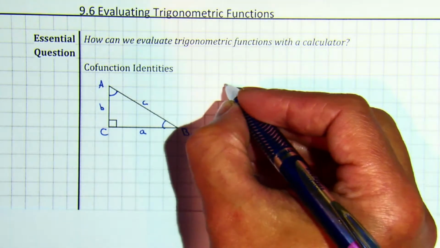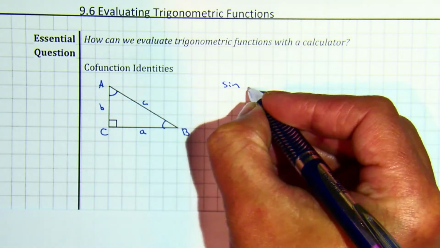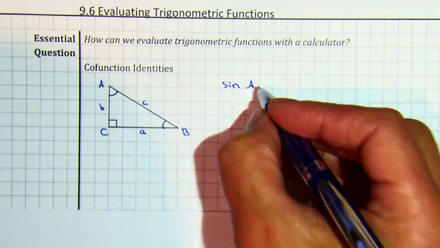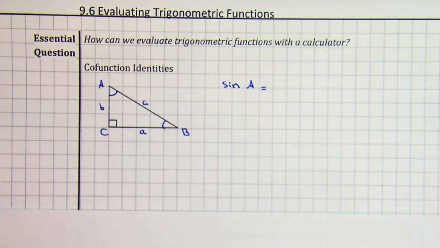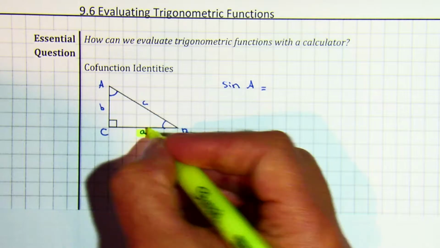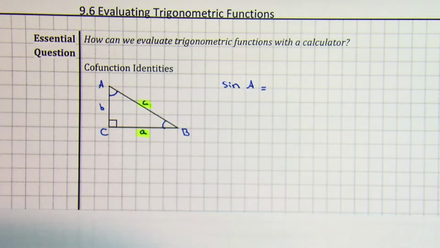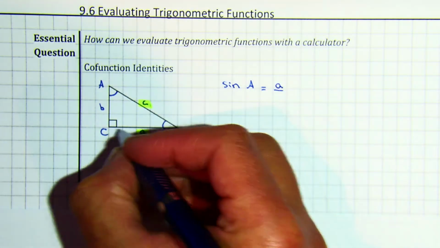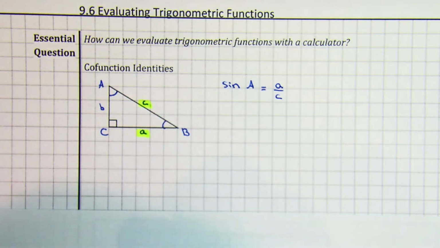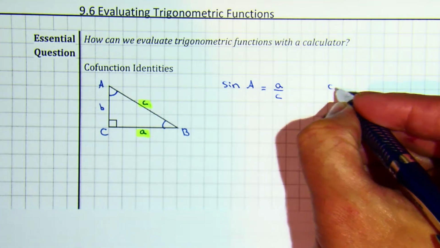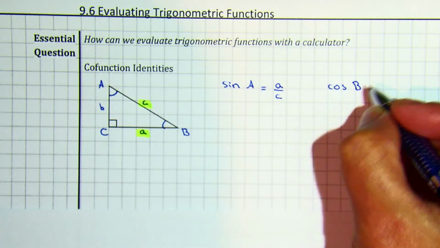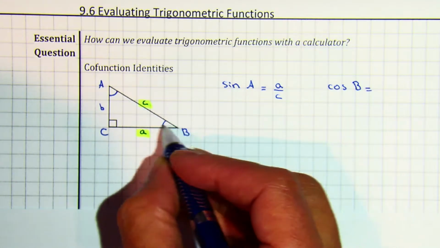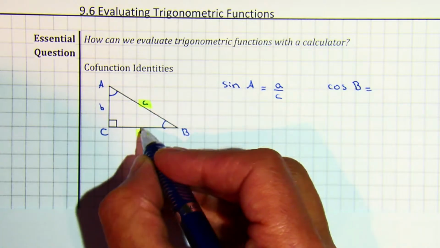And now I'm going to find the sine of angle A. Your sine is your opposite over your hypotenuse, just like you learned in geometry. So therefore it'll be opposite is A, hypotenuse is C. Now I'm also going to find the cosine of B, because the cosine of B is your adjacent over your hypotenuse, that'll be A over C again.